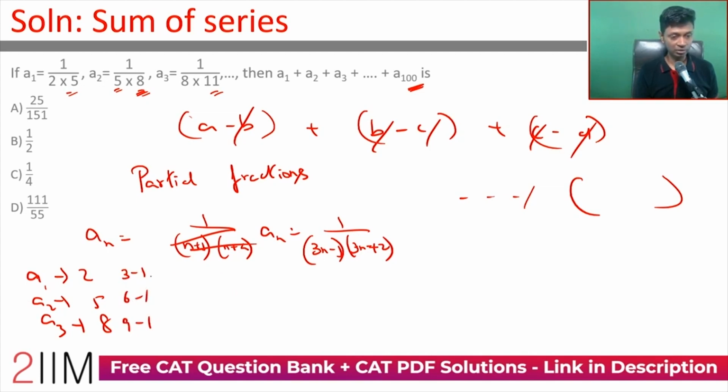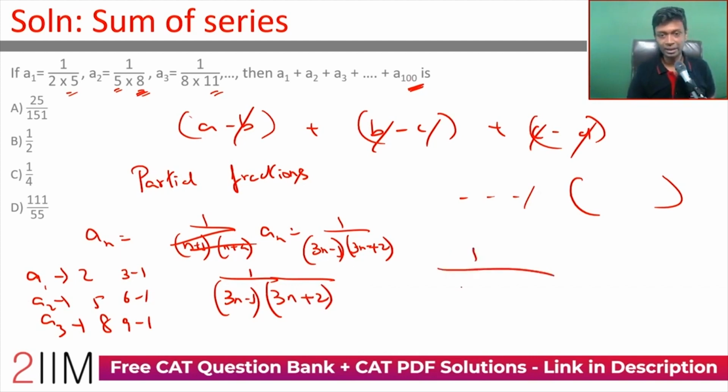So this first term is 1 by 3n minus 1. Second term is this plus 3, 3n plus 2. Right? And so on. So 100th term will be 1 by 3 into 100 minus 1, 300 minus 1, 299 into 302.